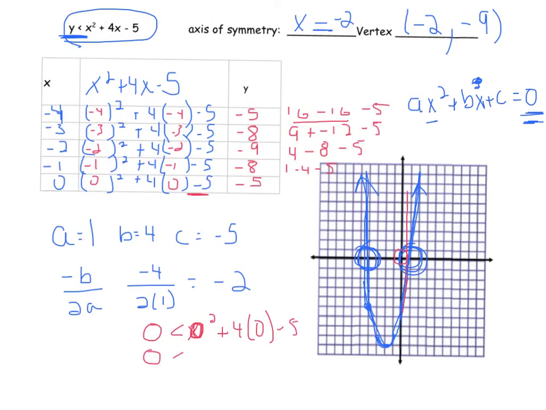Is 0 less than -5? It is not. So we know that for this inequality, we have to shade everything that is not in the parabola.